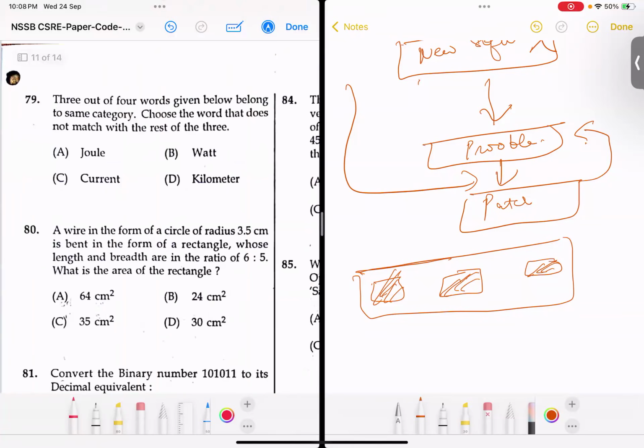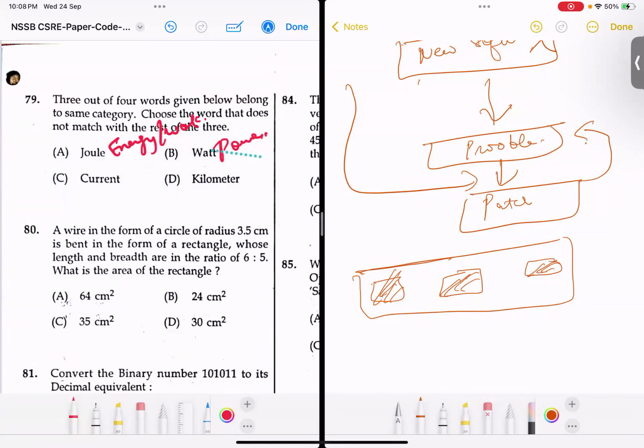Question number 79. Three out of four words given below belong to the same category. Choose the word that does not match with the rest. Joule is the unit for energy or work. Power is measured in watt.